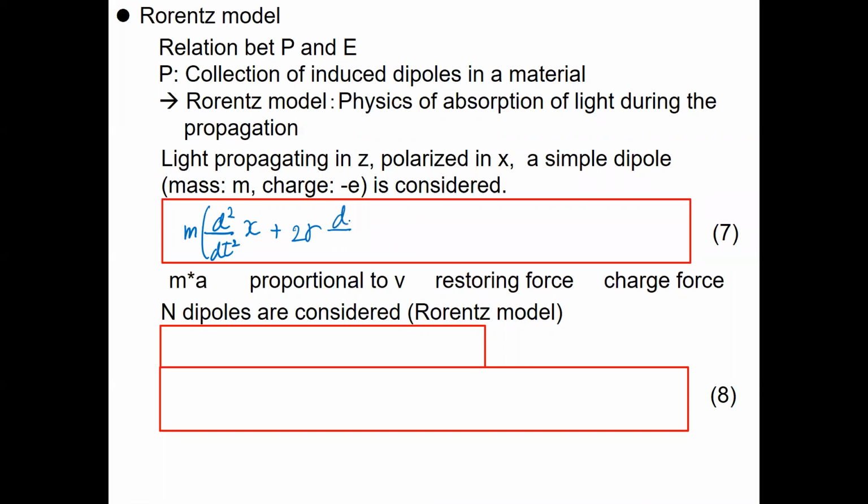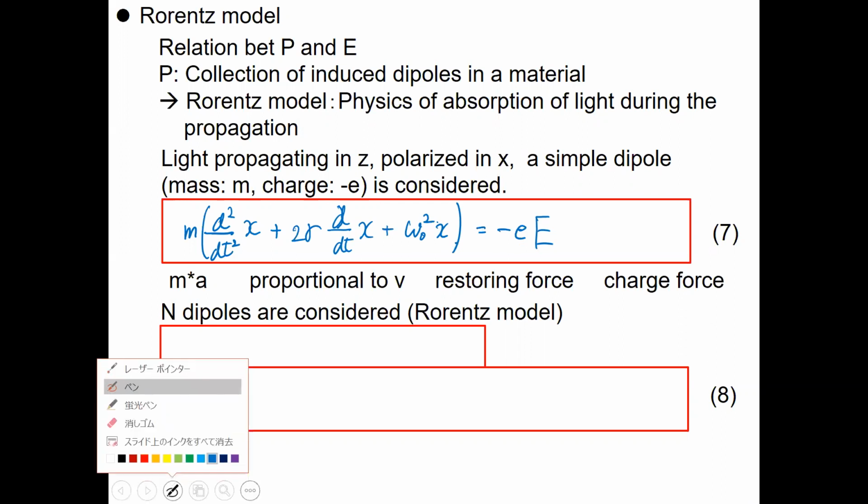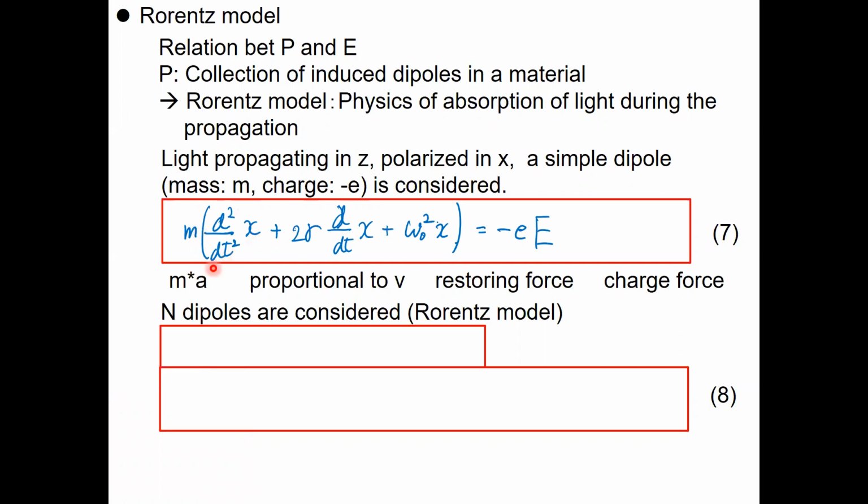plus a damping term times dx/dt plus a restoring term times x equals the force, and the sign is negative because it's a negative charge in a case like this. So as I mentioned, the first term corresponds to the inertial term, right?